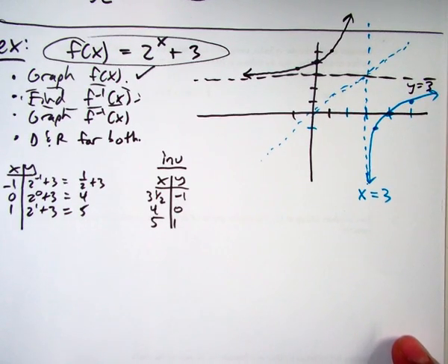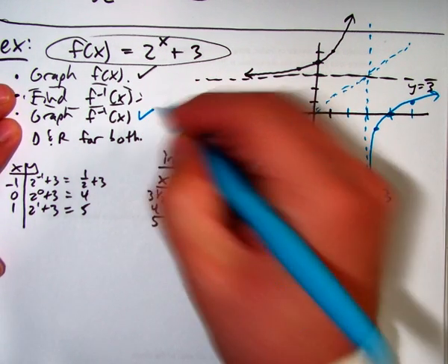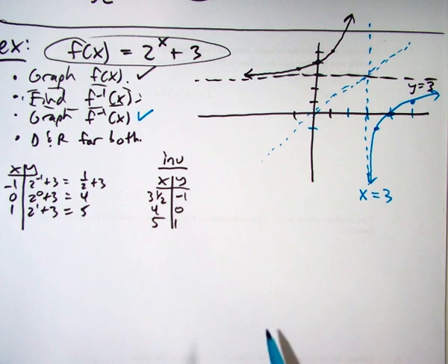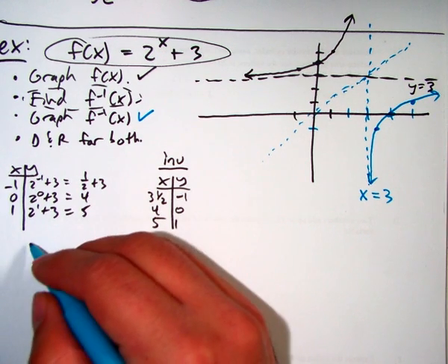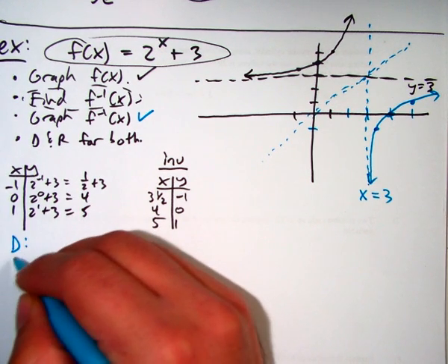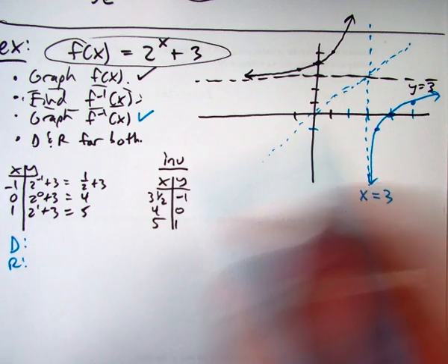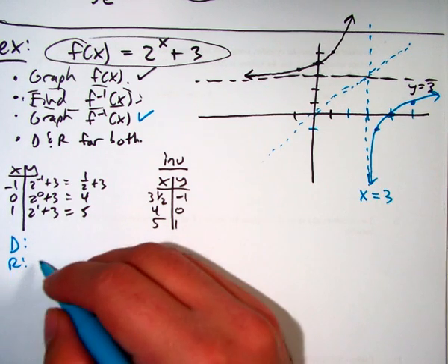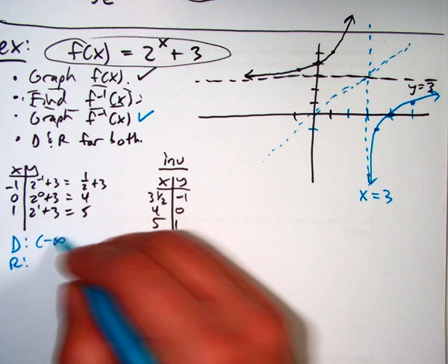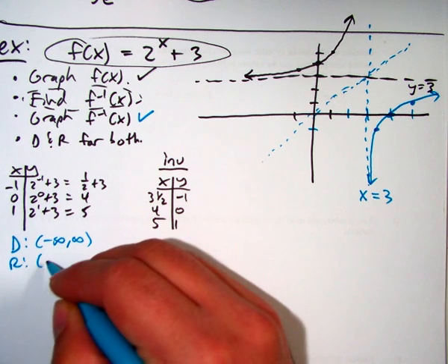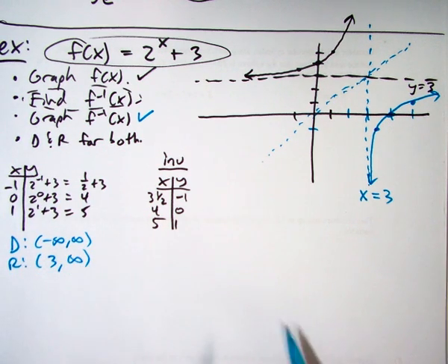Now, so we've done that. Domain and range, we can certainly do that for both. The domain for f of x is all real numbers. The horizontal asymptote was at 3. That did not affect the domain, but that did affect the range. So the range is from 3 to infinity.